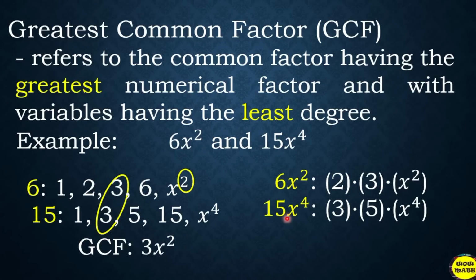And then, yung 15 ay 3 times 5. Okay. And then, si x squared and then x raised to 4. So, same procedure. Kunin natin yung common. And then, kunin natin yung variable na may mababang exponent. So, that is still 3x squared. So, we have two ways in finding the GCF of monomial.